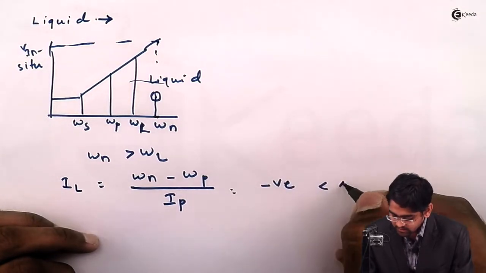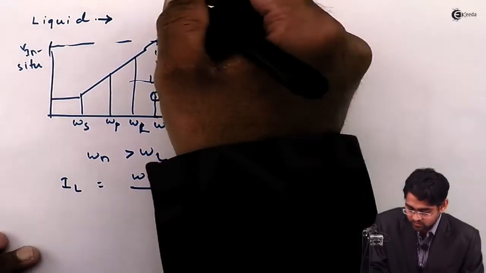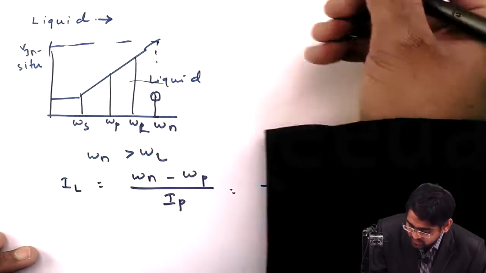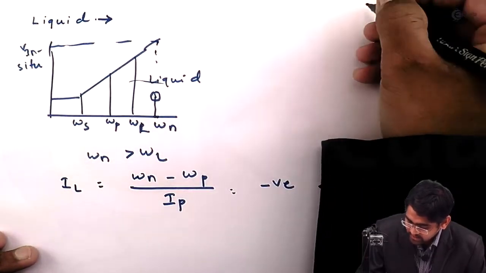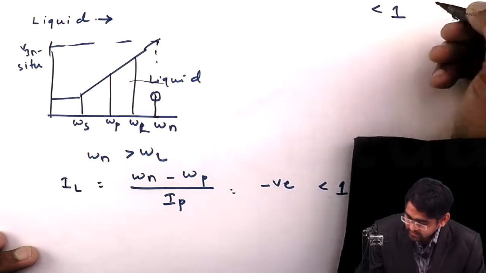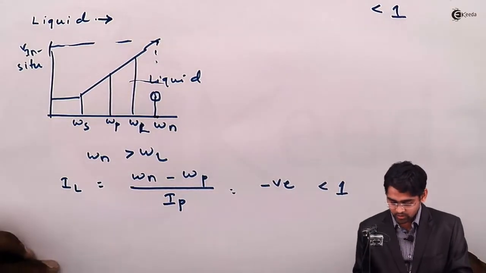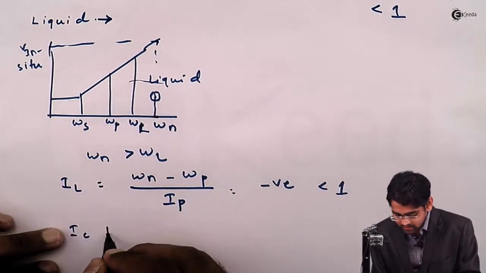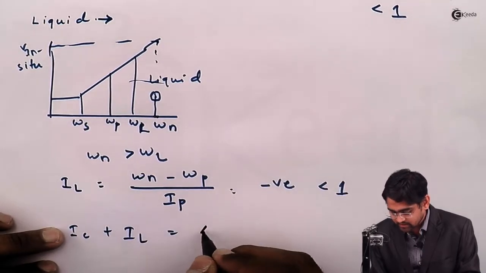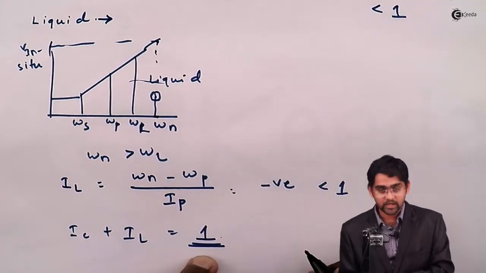Negative means less than 1. So for liquid we have a consistency index as well as a liquidity index, so it is less than 1. In order to make consistency index plus liquidity index, the addition has to be equal to 1 in all cases.